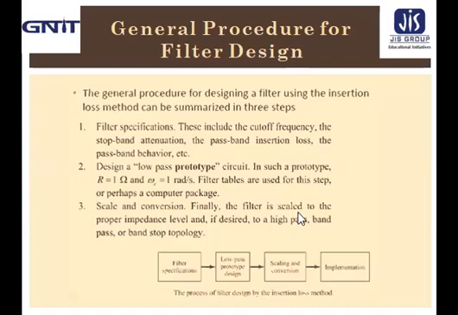Finally, the filter is scaled to the proper impedance level, and if desired, to a high pass, band pass, or band stop topology. Here are the steps, that is filter specification, after that low pass prototype design, after that scaling and conversion, and final one is implementation.